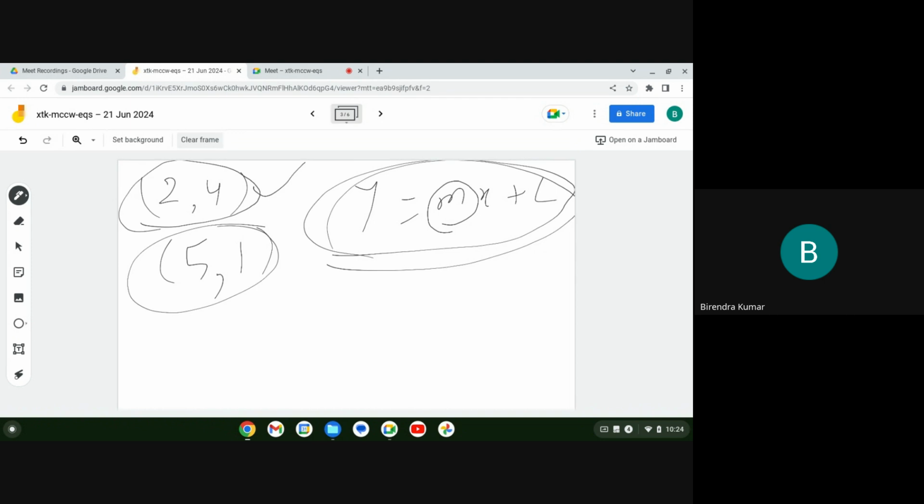Let's say in the previous case, we found m equal to -1 and c equal to 6. So my equation becomes y equal to mx plus c. M is -1, c is 6. So this becomes my equation for that line. Y equal to minus x plus 6. Or you can say y equal to 6 minus x, whatever it is.